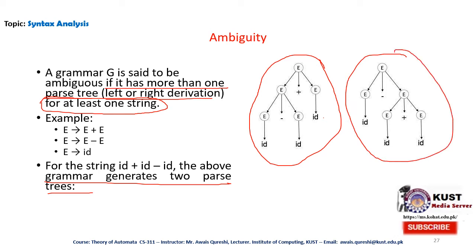So for the same string, we have two trees. That's why the grammar is said to be an ambiguous one.